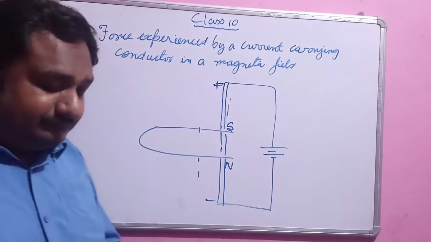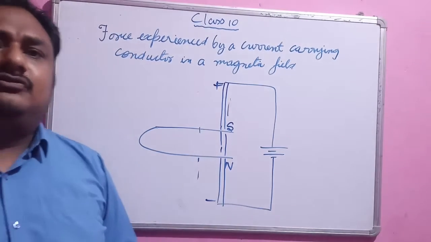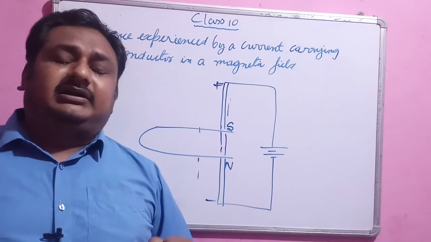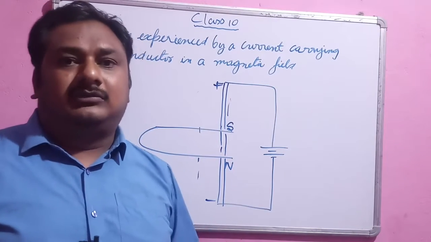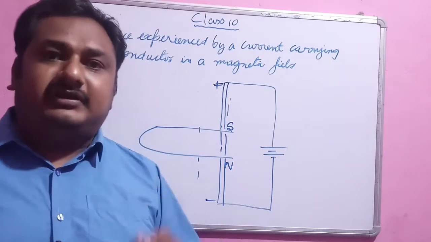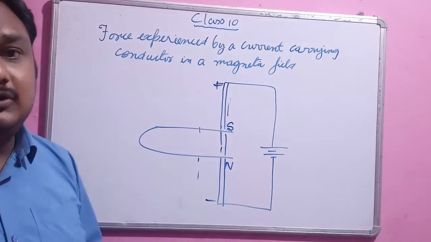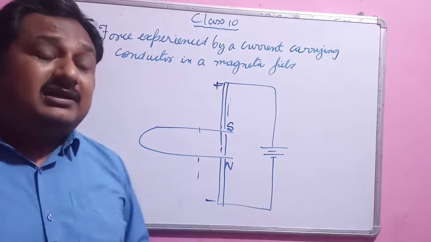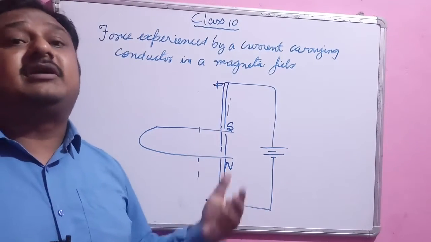Now what happened, we know that whenever the current is flowing through a conductor, it produces a magnetic field and it can apply a force. But it is the scientist Henri Marey, Ampere, who says that the current carrying conductor can also experience a magnetic force.